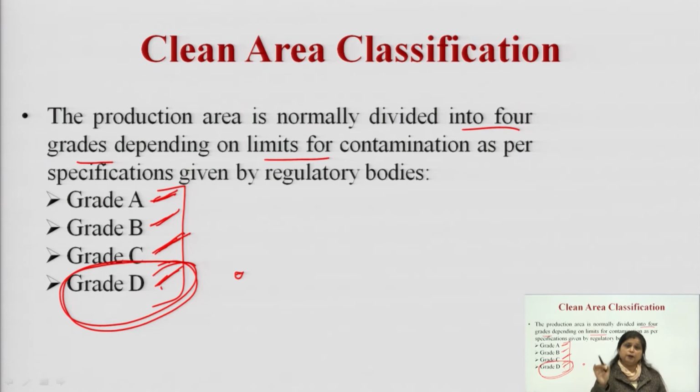So, depending upon the limits of particles and limits of microbes, we classify them as grade A, grade B, grade C and grade D, also known as aseptic area, white area, gray area and black area, and also as class 100, class 1000, class 10,000 and class 1 lakh.